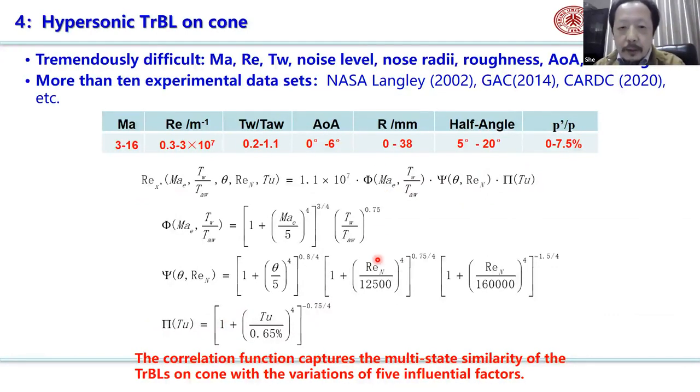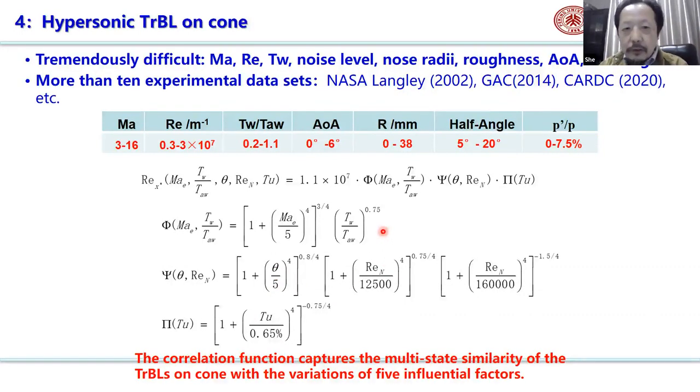Now with this, we have identified a few very interesting transition Reynolds numbers, and also the critical number for the half angle.